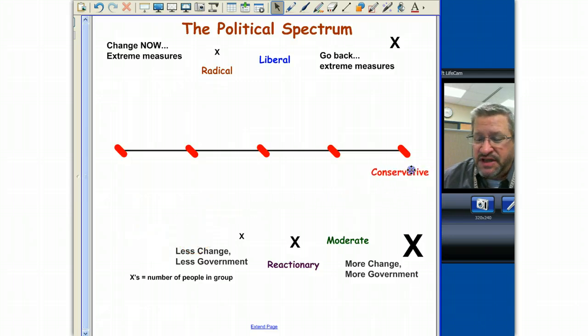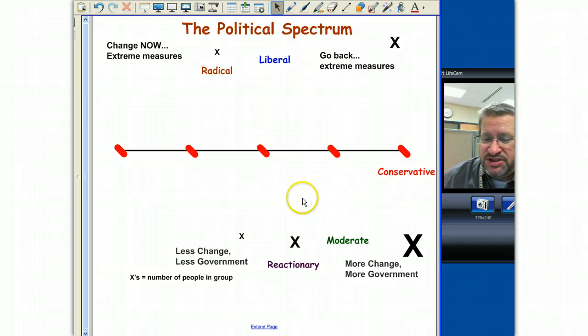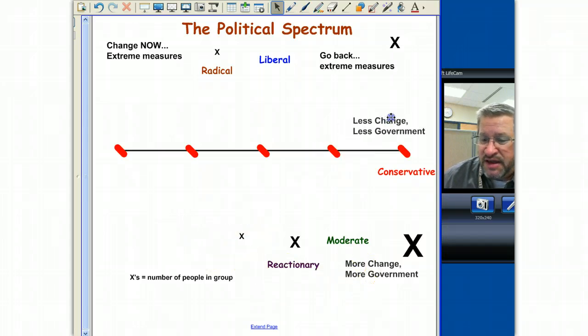Conservatives are generally seen as being on the right, and we won't get into the history behind the political spectrum from the French Assembly, but we will talk about our political spectrum. Conservatives are seen as being on the right, and conservatives in general are folks who want less change and less government.